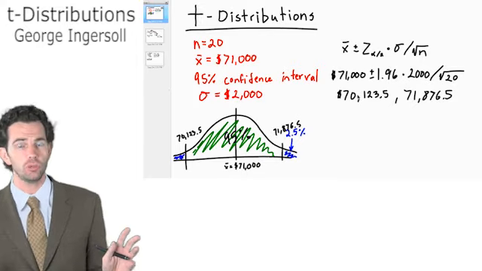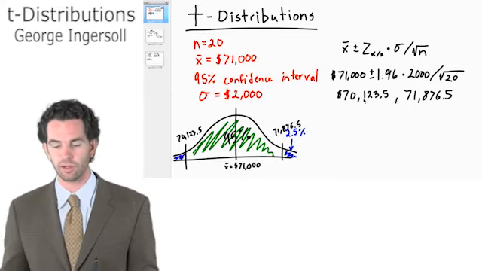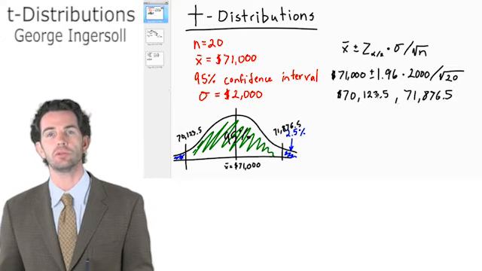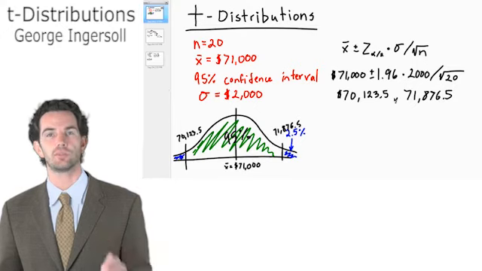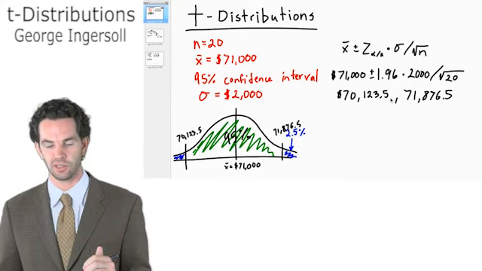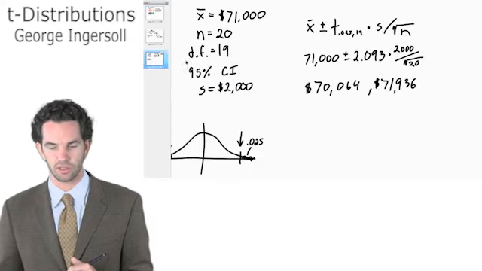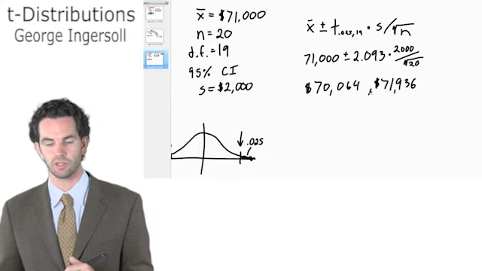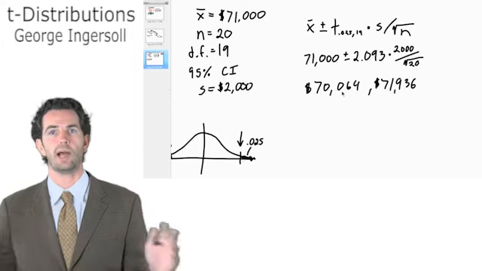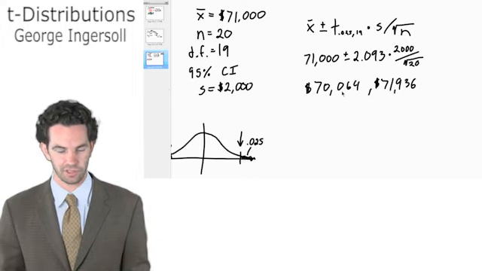It's not hugely, but it is slightly wider than the range we got when we used the normal distribution. And that's because the t distribution is more conservative because we had to estimate the standard deviation. So we would expect this. We would expect to see, when we used the t distribution and the t tables, a wider range in that 95% confidence interval.